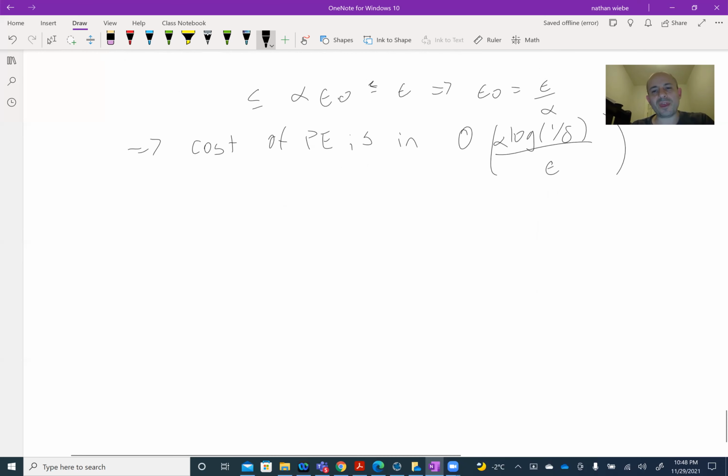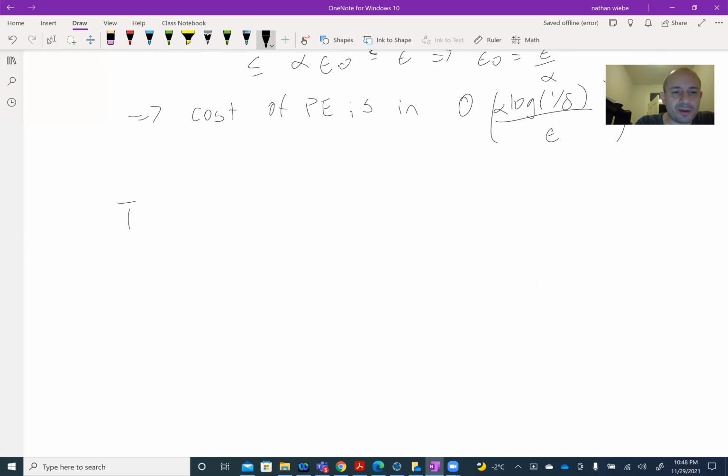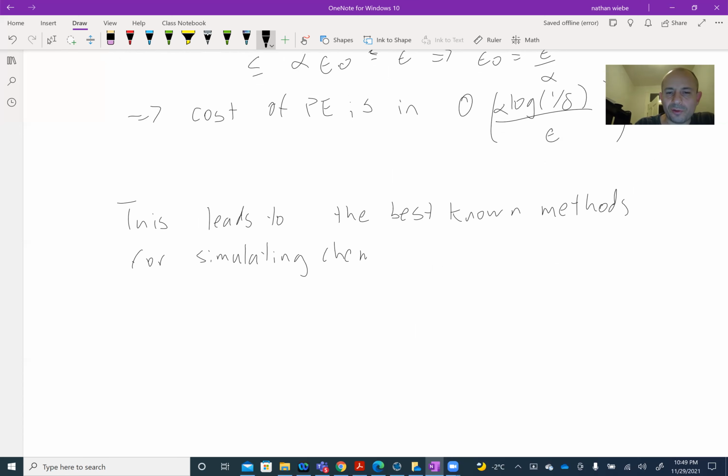Okay. Now this actually leads to the best known methods for simulating, for example, chemistry on quantum computers.